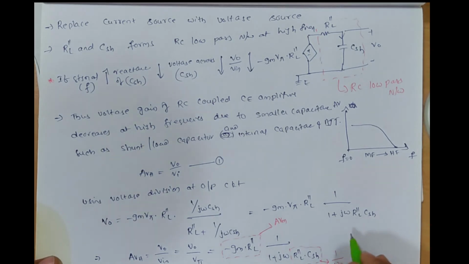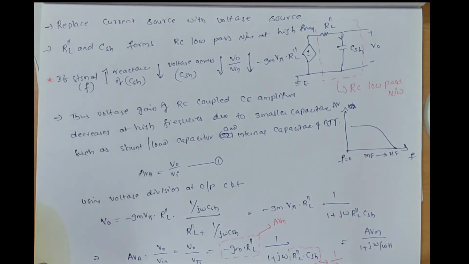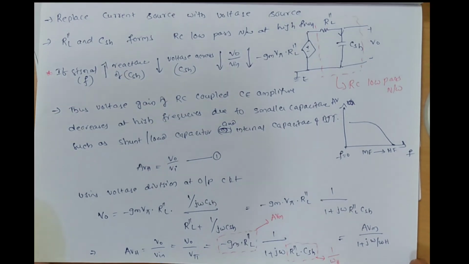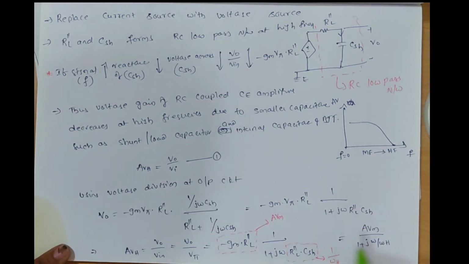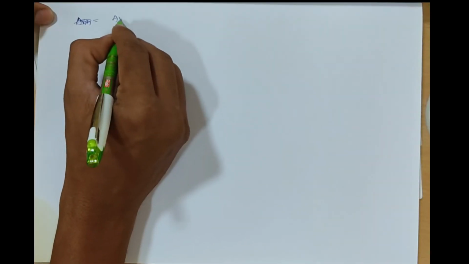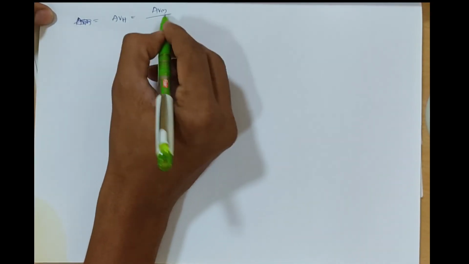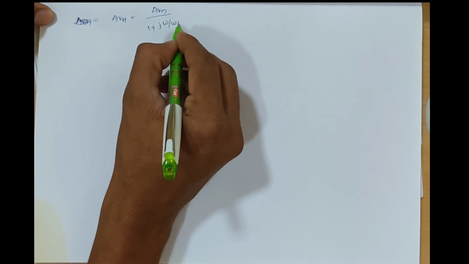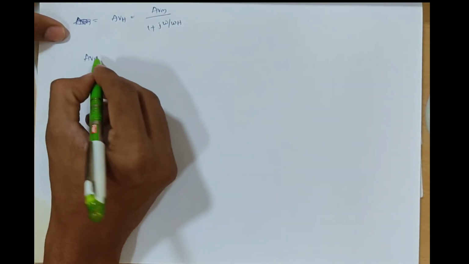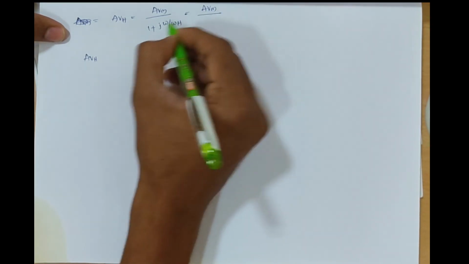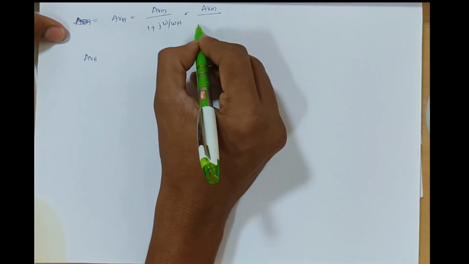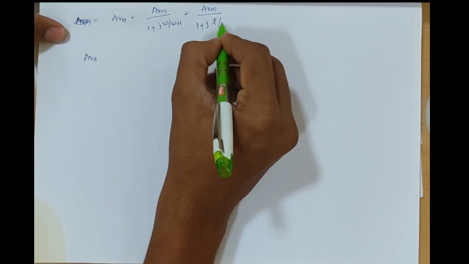So by replacing this, we will get AVH equals AVM by 1 plus j omega by omega H. So voltage gain at high frequency equals midband voltage gain by 1 plus j omega by omega H. Then we can write its mod value, AVH equals AVM by 1 plus j omega by omega H. With omega equals 2 pi F, similarly we can write it as 1 plus j F by FH.